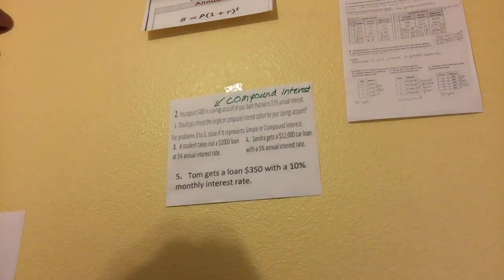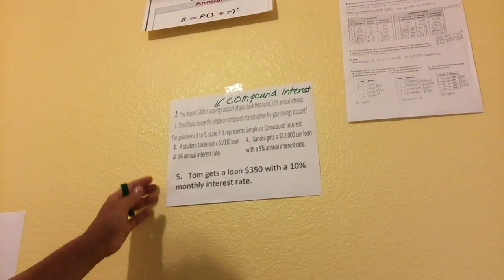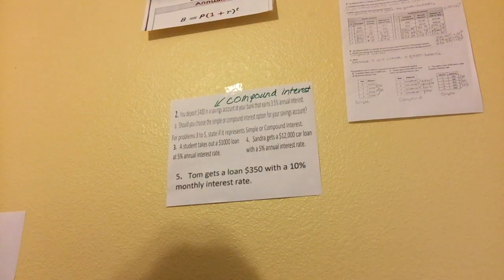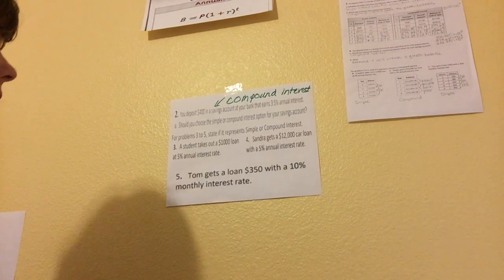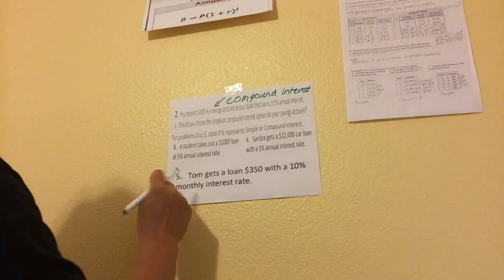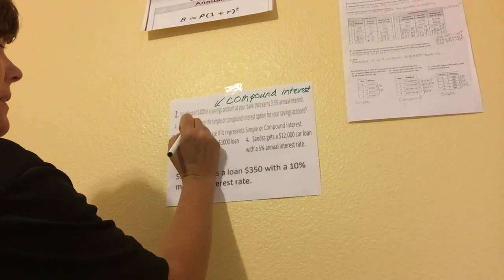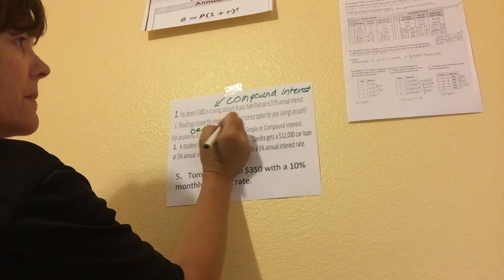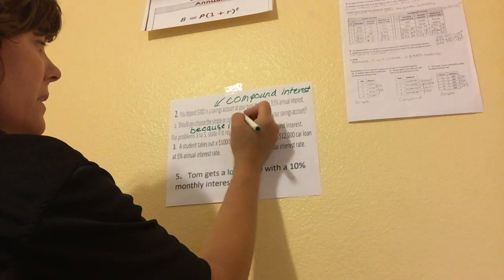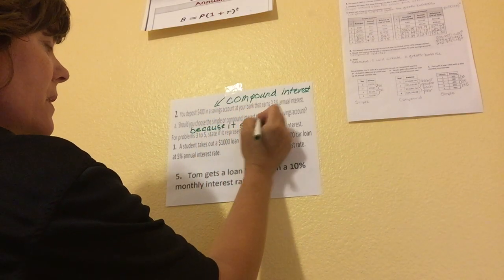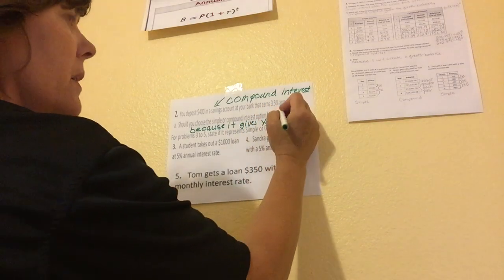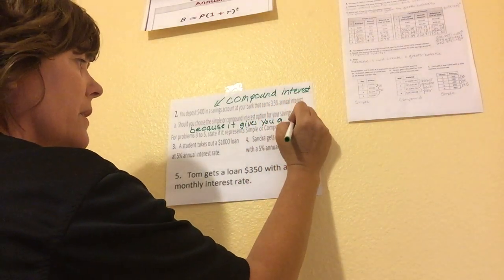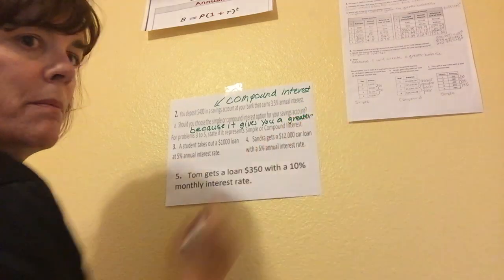For number B, it says Why? So why do you want to use compound interest? So you want to use it because it gives you a greater balance.